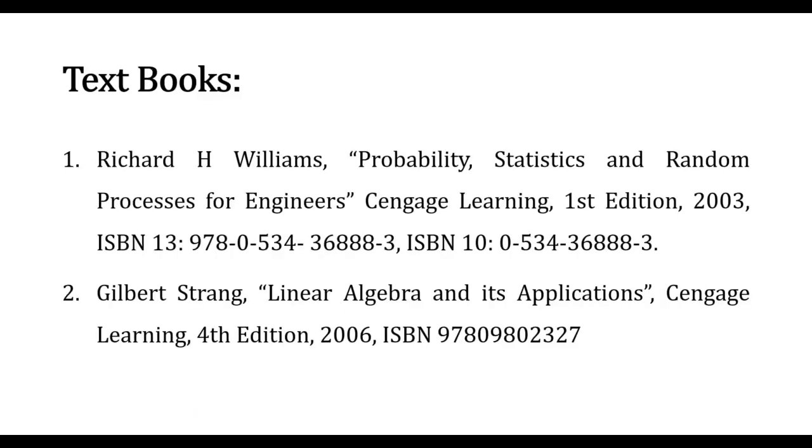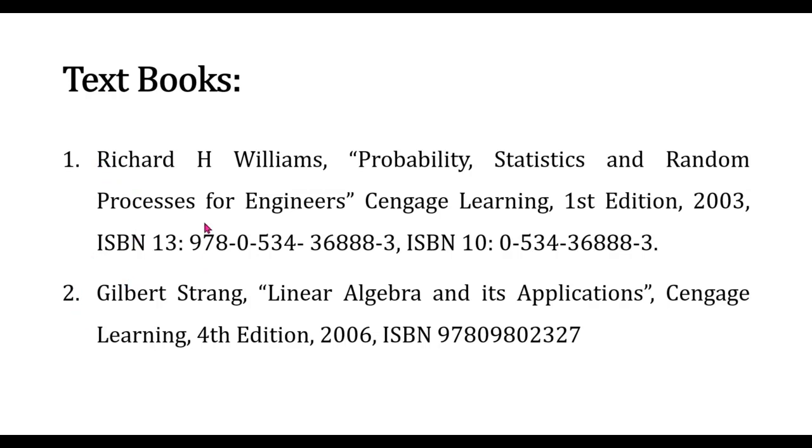Then these are the textbooks you should refer to. Richard Williams covers the first three modules, meaning engineering statistics. Then Gilbert Strang covers the remaining two modules, the fourth and fifth. All right, not an issue. I will give the soft copy of this, and this book is available in our library, so you can issue it and keep it with you.